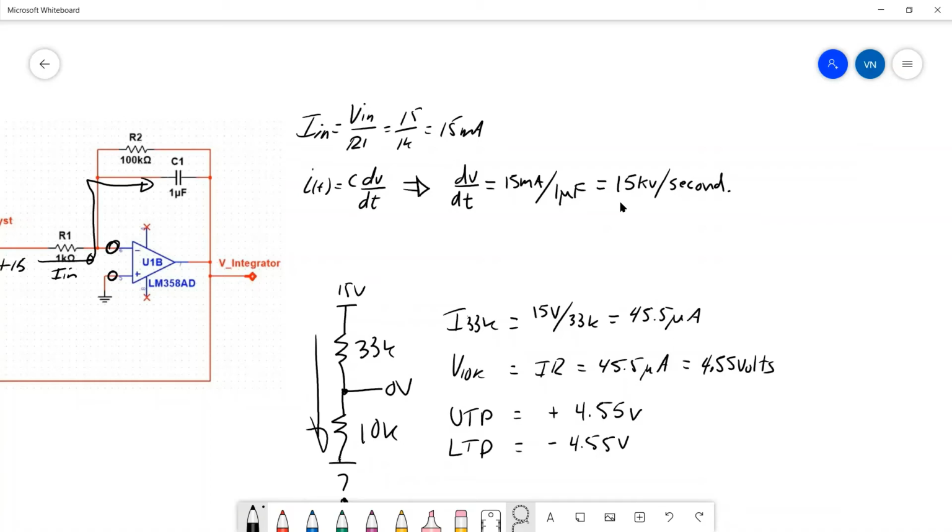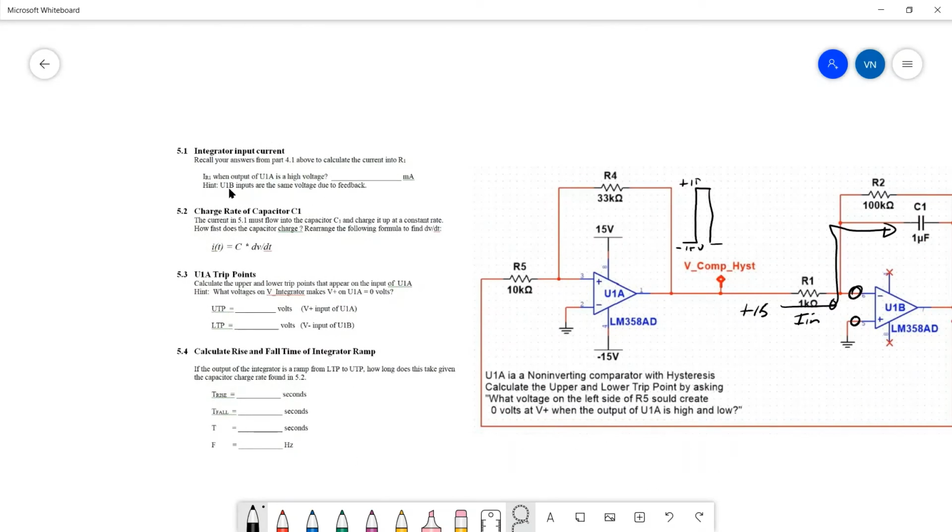So on this integrator, the output goes up at 15 kilovolts per second. And when it hits the upper trip point, it also falls at 15 kilovolts per second. Which seems like a lot, but when we do further calculations, you'll see that it's not that excessive. So what is the charge rate of the capacitor? It charges at 15 kilovolts per second.